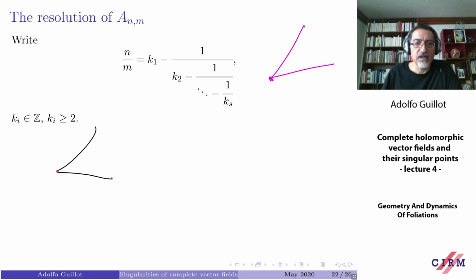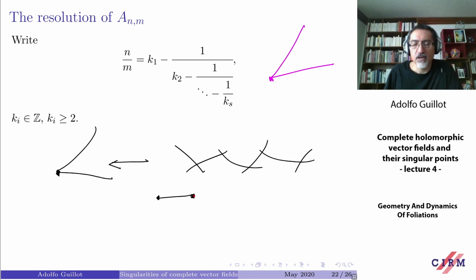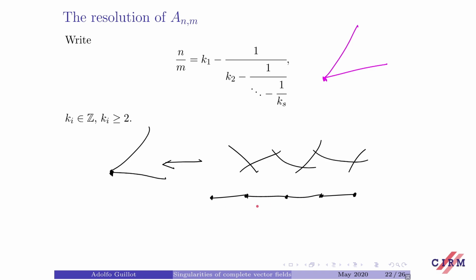So let me tell you what the resolution looks like. I have the singular point, and when I blow up the singular point, I will find a chain of rational curves. Sometimes you put points for each component, and you join points that intersect. So the resolution will be given by s rational curves that form a line, like the first one intersects the second one, the second intersects the first and the third one, and so on. And the self-intersections of these rational curves would be just minus ki.